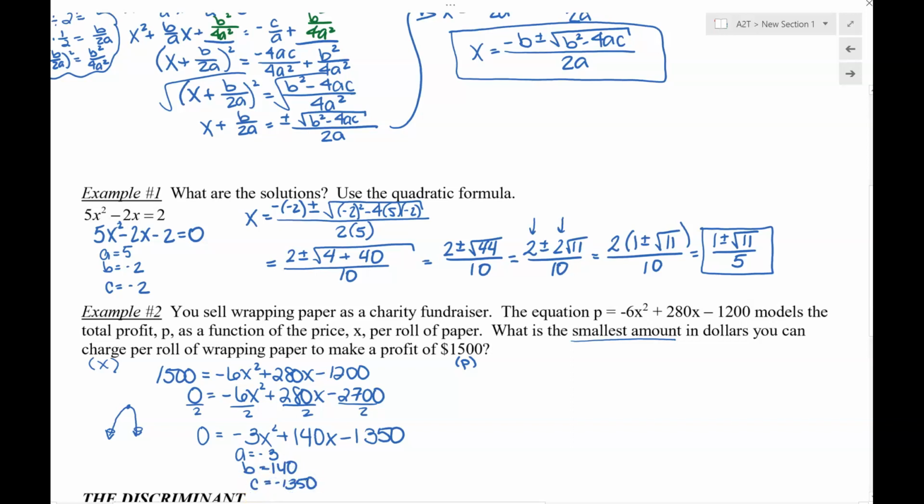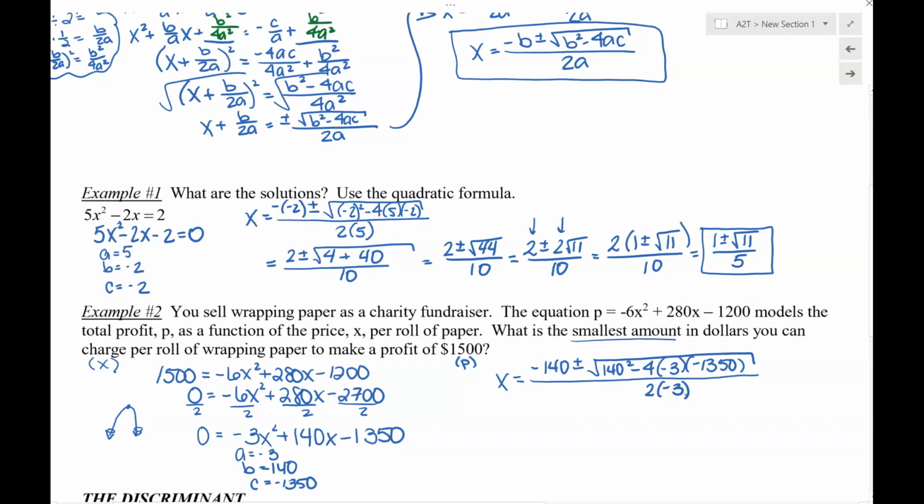The reason I'm identifying A, B, and C is because I'm pretty sure it's not going to factor. And if it does, let's be honest, I don't want to factor it because there's really large numbers. Okay, so here we go. X is equal to negative B, so negative 140 plus and minus the square root of B squared minus 4 times A times C all over, remember the entire numerator is over our product of 2a.